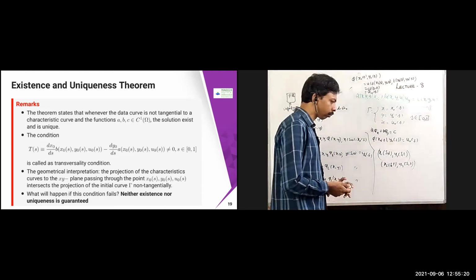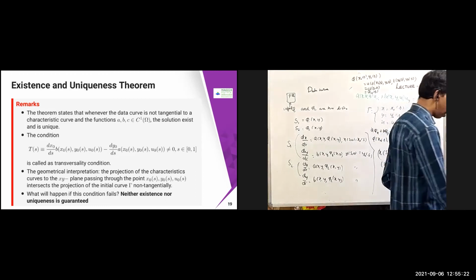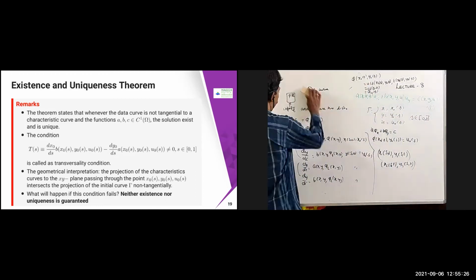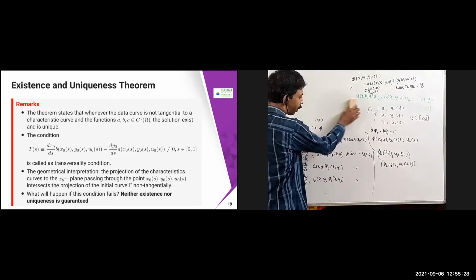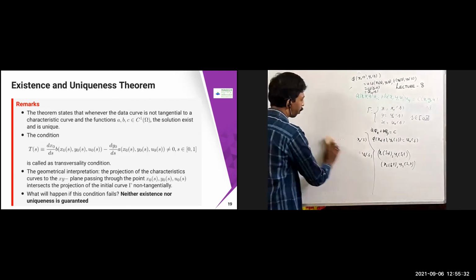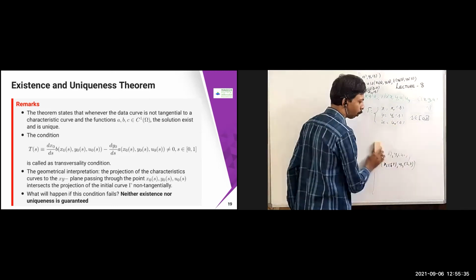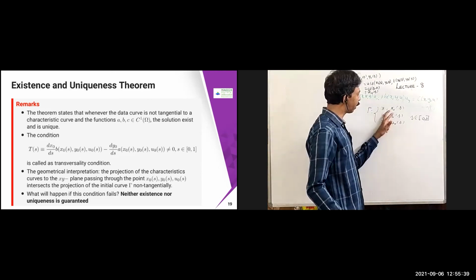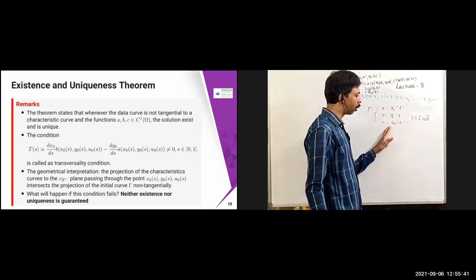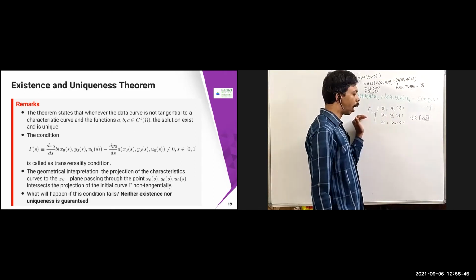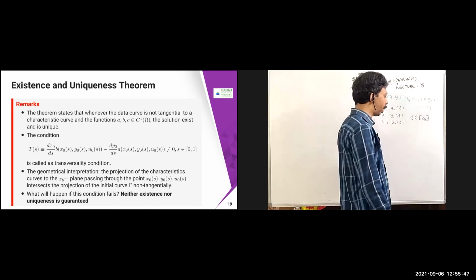There is a geometrical interpretation also. The geometrical interpretation of this theorem is that the projection of the characteristic curve in the xy plane, passing through x naught of s, y naught of s, and u naught of s, intersects the projection of the initial curve gamma non-tangentially.